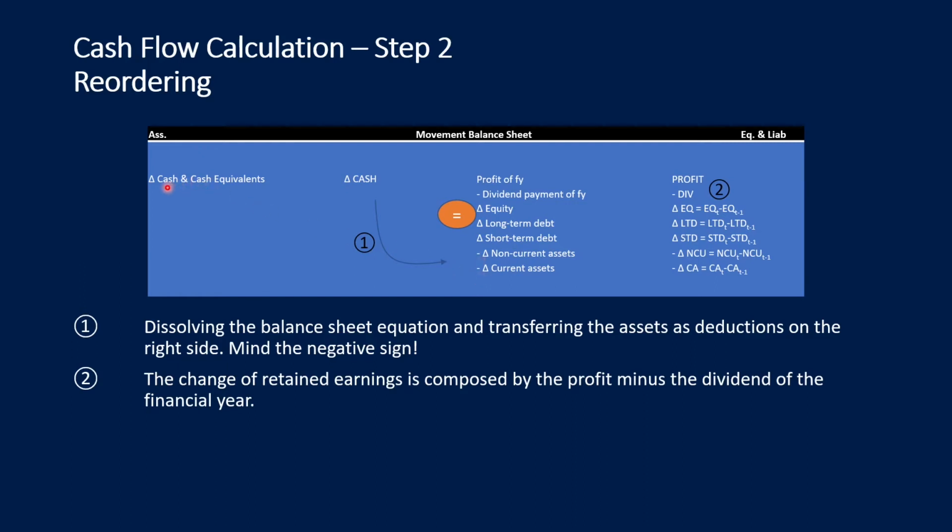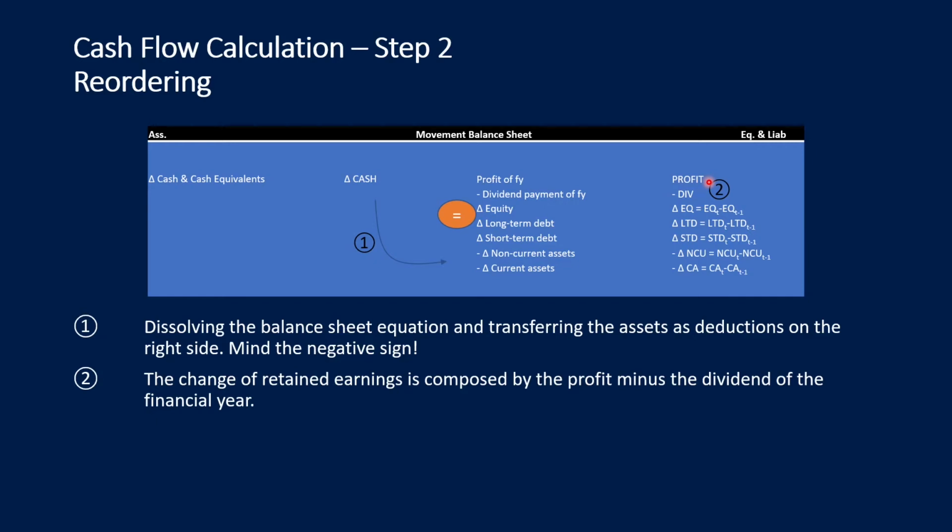We only leave the change in cash and cash equivalents on the asset side, because this is what we want to explain. And seemingly, this is what we use to explain the change in cash and cash equivalents. So, where does the change in cash and cash equivalents come from? It comes from the profit.